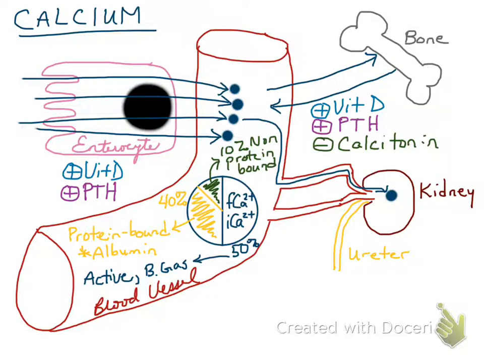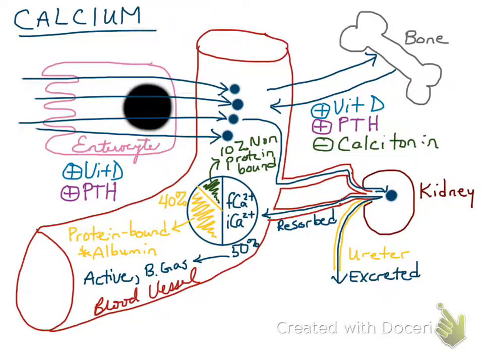So calcium is freely filtered by the glomerulus, and what happens to that calcium in the kidney depends on those hormonal influences. So the calcium can either be resorbed and enters blood again, or it can be excreted in the urine.